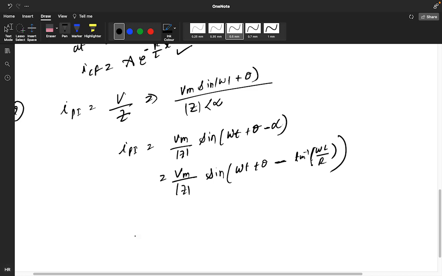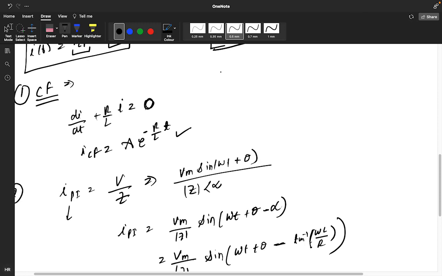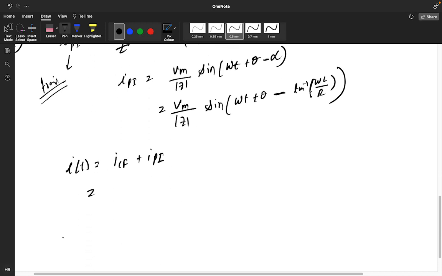So guys, the i(t) formula is i_CF plus i_PI. This complementary function is for your transient response, and this particular integral is for your forced response.